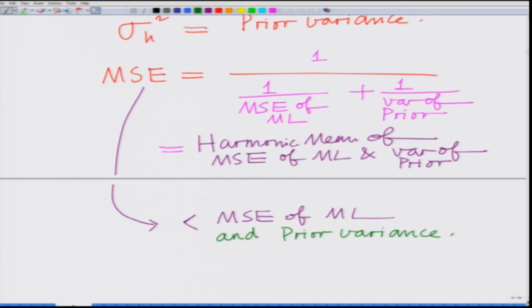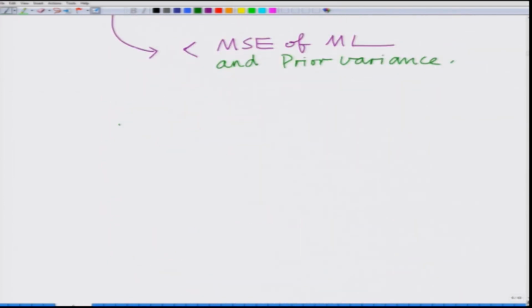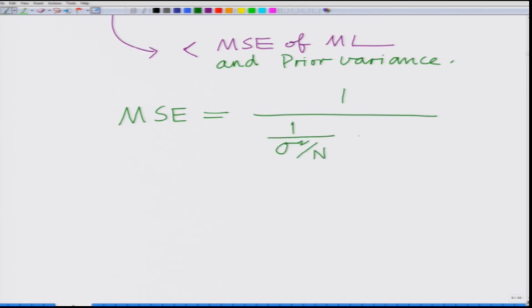In fact, you can say, if the MSE of ML is very small, let us look at this. The MSE equals 1 over sigma square by n plus 1 over sigma h square.